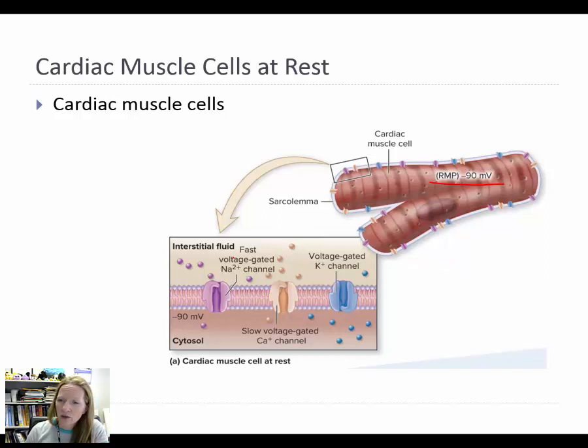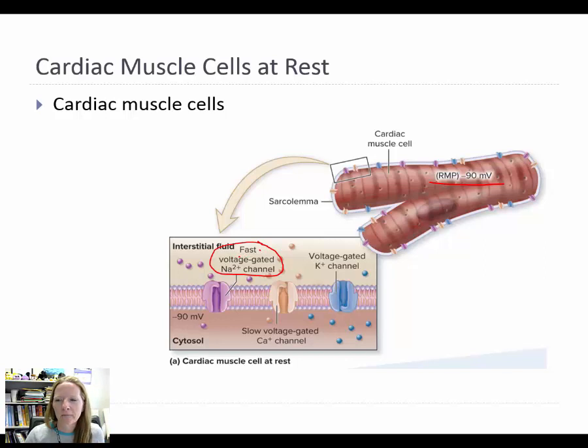But now let's take a look right here, where we are going to see other channels in the plasma membrane. And I'm sure you're thinking, well, those are the exact same ones as well, Ms. Watson. Almost. So let's take a look. You have a fast voltage-gated sodium channel here, and in the nodal cells, it was actually a slow voltage-gated sodium channel.